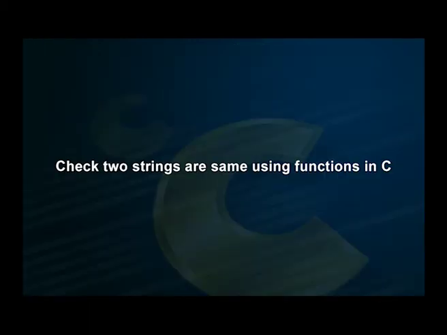Now, let us go through the next program to check if two strings are the same or not using functions in C. Let us consider a program which discusses the implementation of predefined and user defined functions in a single program. Here we are again considering the function strcmp for string comparison inside a user defined function.